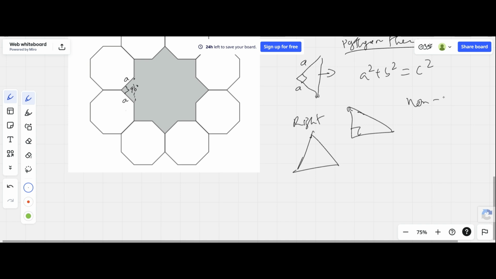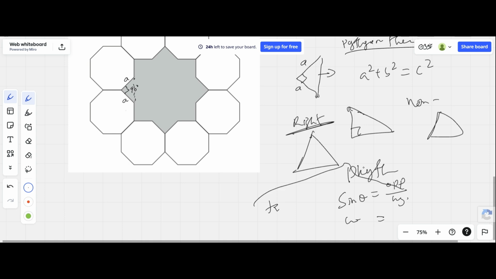A non-right angle triangle means there won't be a right angle. If you get a right angle triangle, then we have to use Pythagoras, or sine theta equal to opposite over hypotenuse, cos theta, tan theta. You have to use that or Pythagoras.